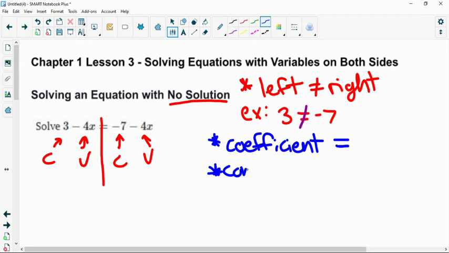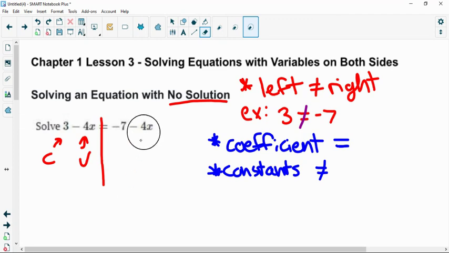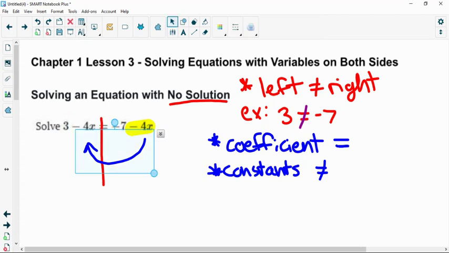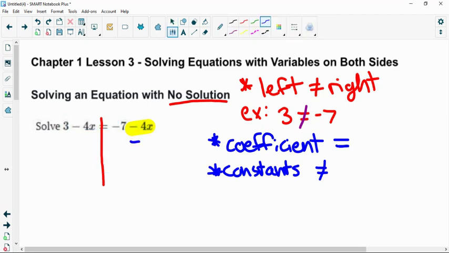The constants are different. So let's see what happens when we try to solve this. I'm going to take this negative 4x on the right, and I'm going to move it over to the opposite side. Well, the opposite of a negative 4x is to add 4x.